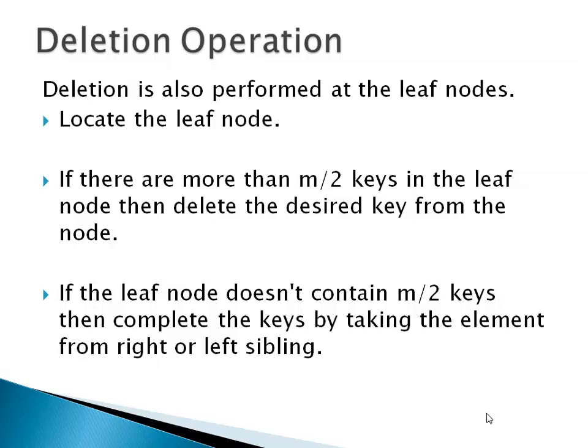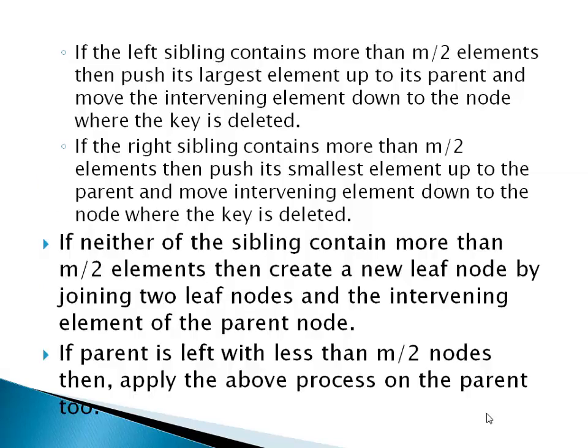Deletion operation. Deletion is also performed on the leaf nodes. First locate the leaf node. If there are more than m by 2 keys in the leaf node, then delete the desired key from the node. If the leaf node does not contain m by 2 keys, then complete the keys by taking an element from either the left or right sibling.